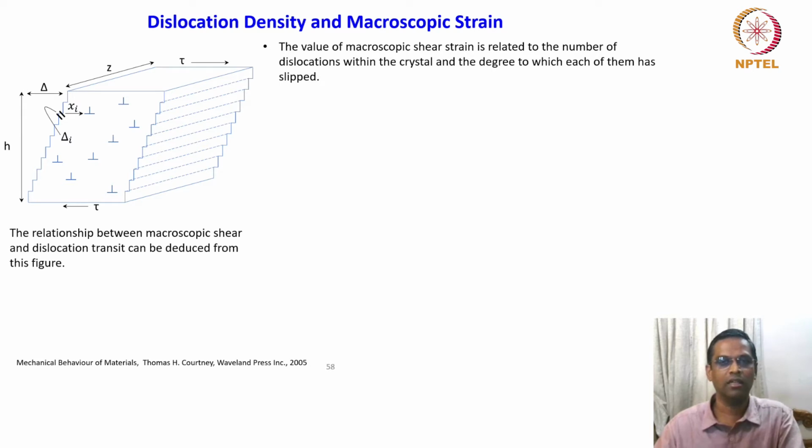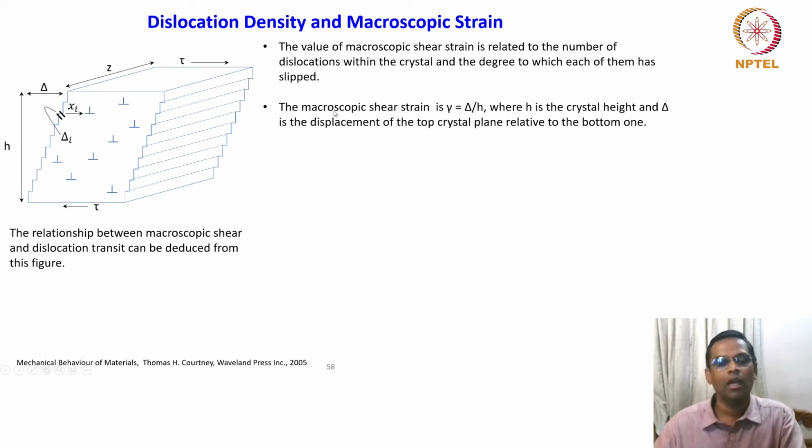That is the message, the bottom line. So the macroscopic shear strain gamma is equal to delta by h. This is straightforward, the displacement by the height, where h is the crystal height and delta is the displacement of the top crystal plane relative to the bottom one, because it is a pure shear.